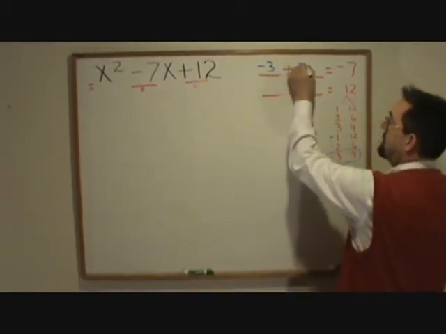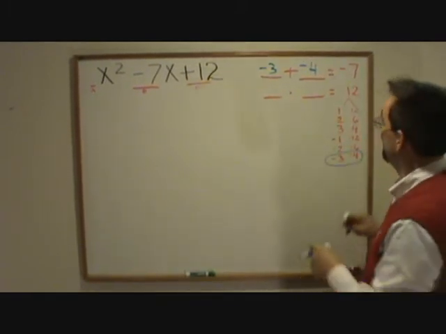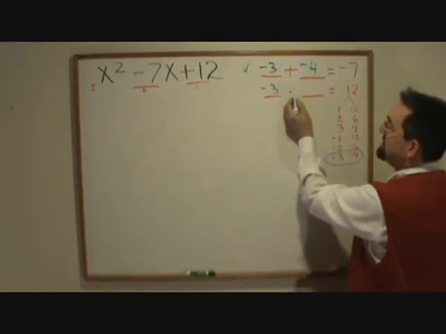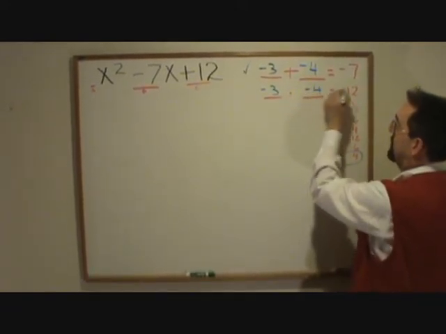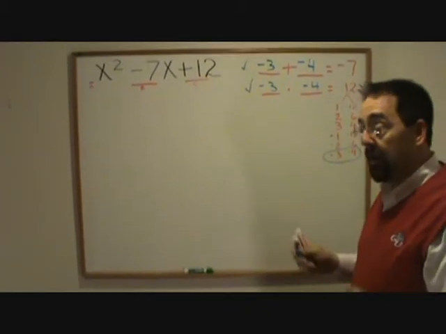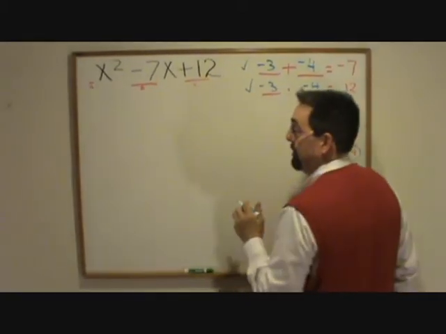Minus 3 minus 4 gives us a minus 7. Awesome. We like that one. Minus 3 times a minus 4 gives us a positive 12.